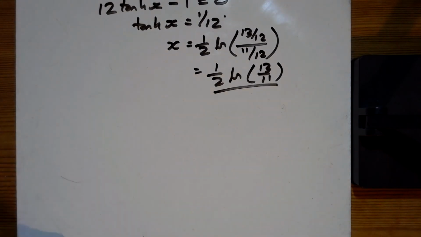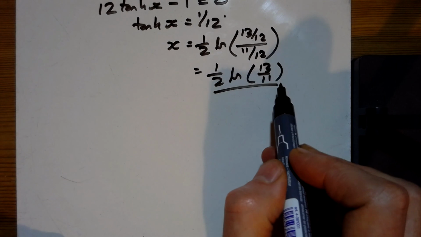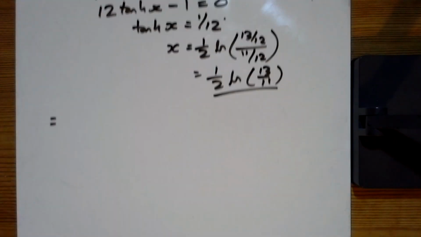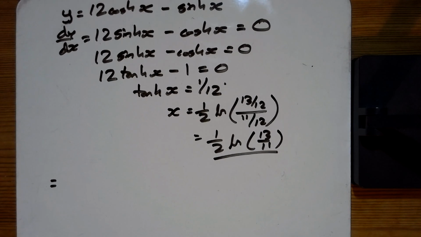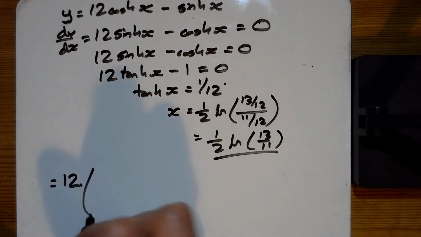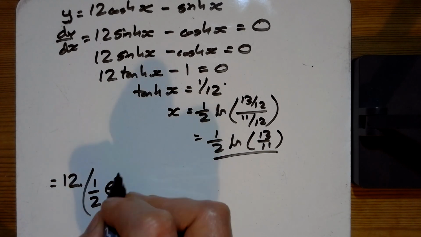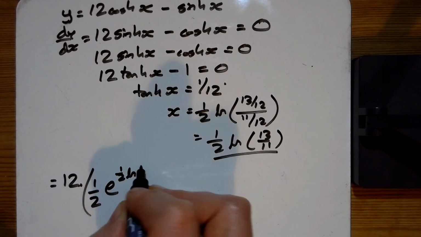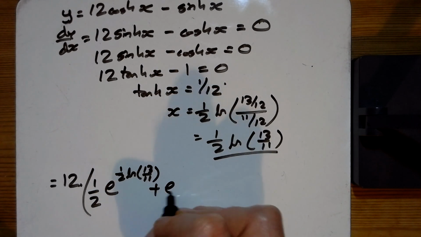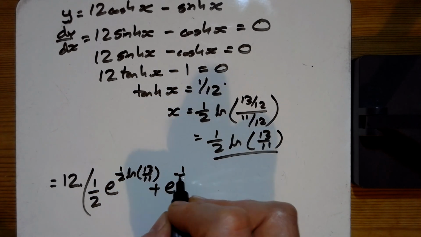I've tried to have a little play with this and see if I can stick it in the calculator, but it doesn't give exact numbers. So we have actually got to put it back in the original thing at the top here. So what do we have? We've got 12 lots of a cosh. A cosh is a half e to this thing plus e to the minus this thing.